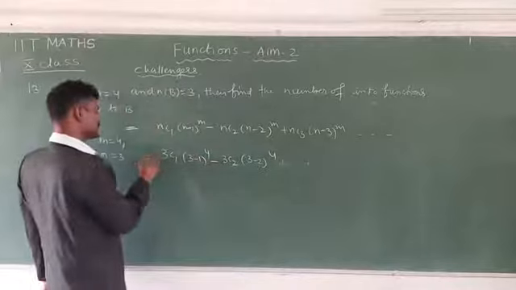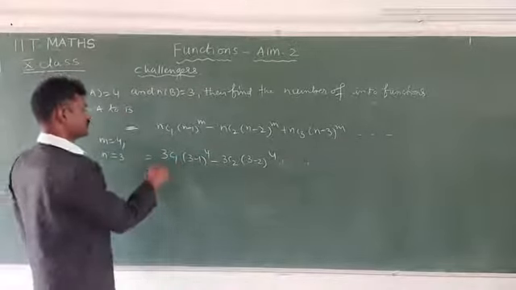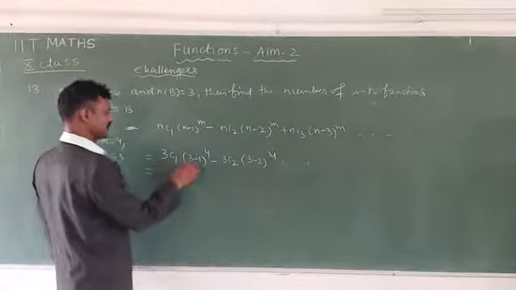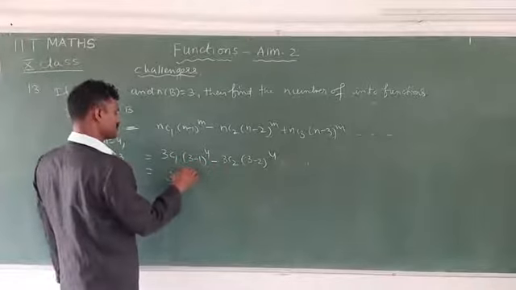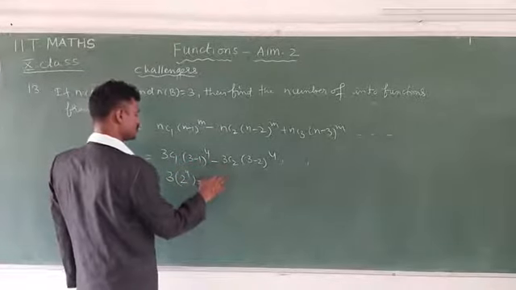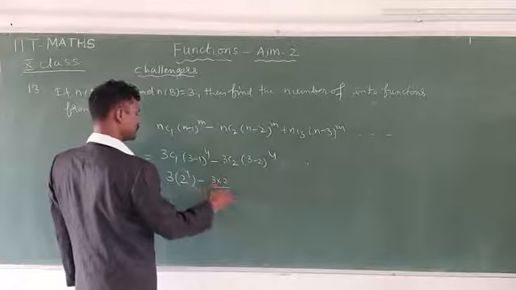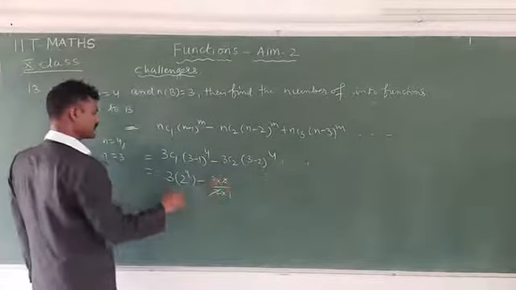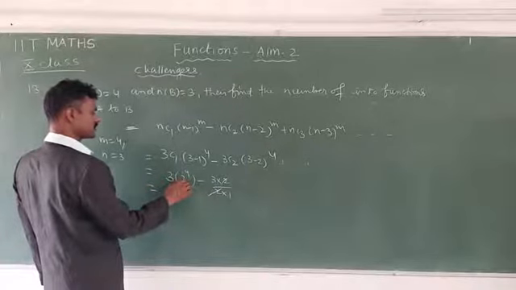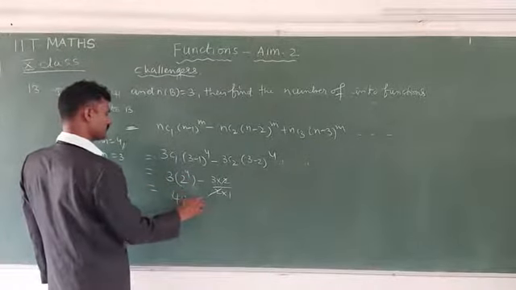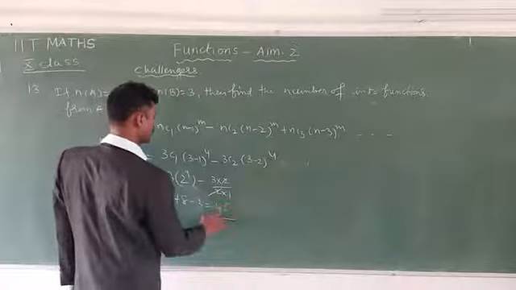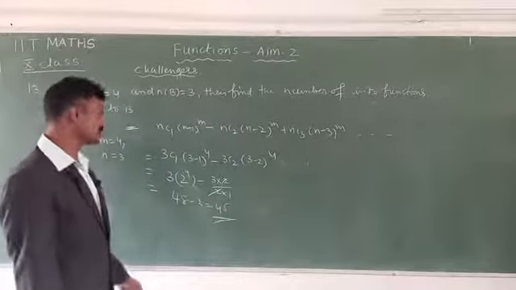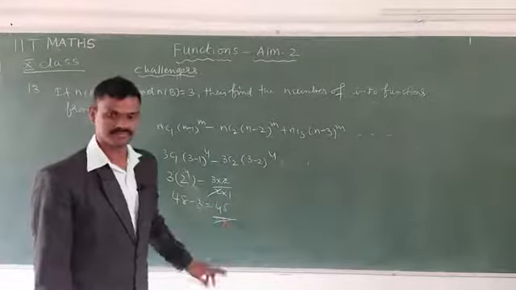Now 3C1 means 3, and 3 minus 1 is 2, so 2^4, minus 3C2, which is 3 into 2 by 2 into 1, times 1^4 which is 1, then the 2s cancel. Then 2^4 is 16, 16 threes are 48, minus 3 is equal to 45. The number of into functions is 45. Note down.